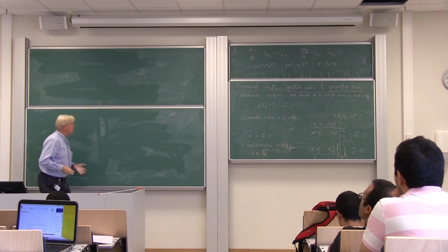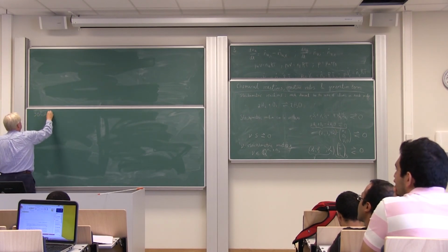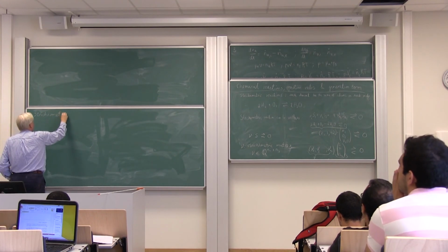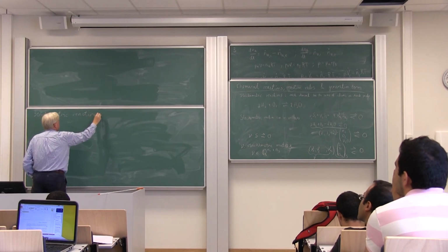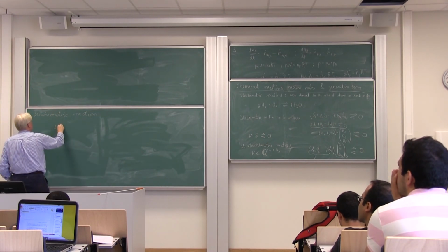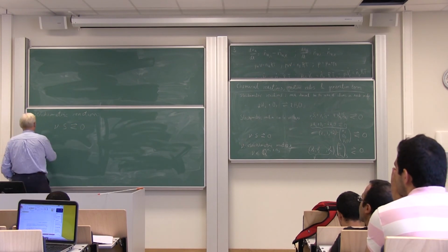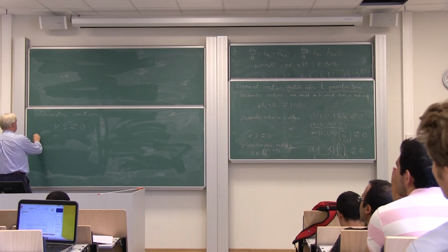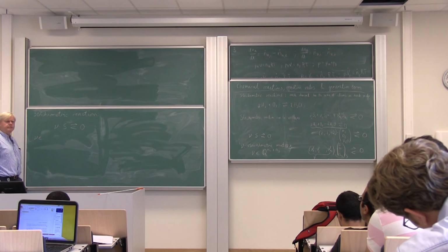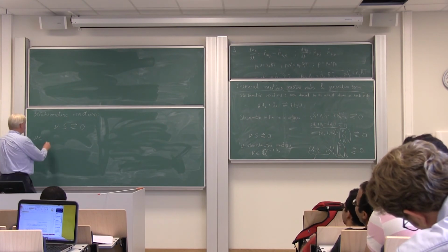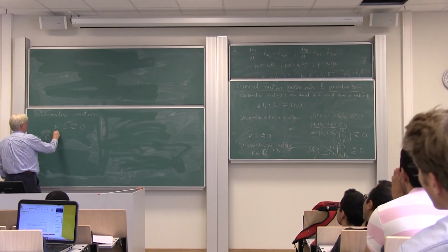So we have a stoichiometric reaction. And we have, should I use R or should I use Q? Q? I mean, they are not real numbers.